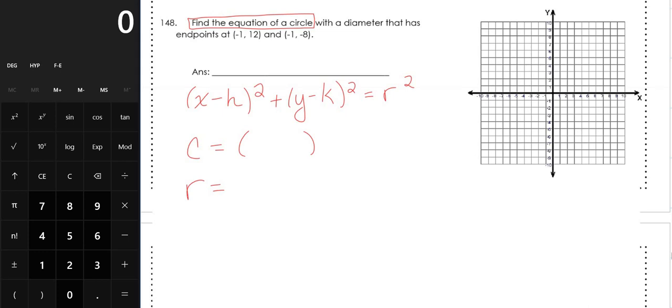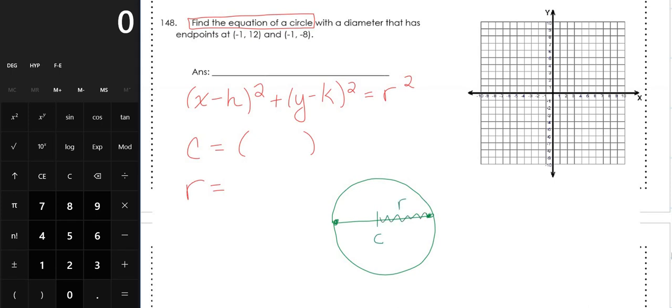They gave us 2 points, which are the endpoints of our diameter. If I have endpoints of a diameter, and my circle goes around that diameter, I can find not only the center, but also the length of the radius.